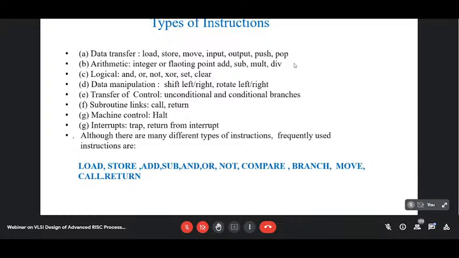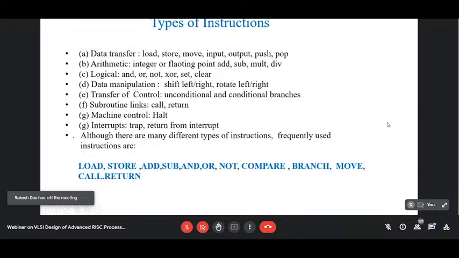We are dividing the total instructions into a number of subgroups. Data transfer means storing the data from CPU to memory or memory to CPU, or within the CPU, transfer from one register to another register, etc. These are called data transfer.